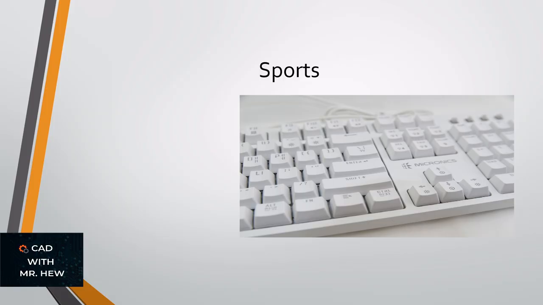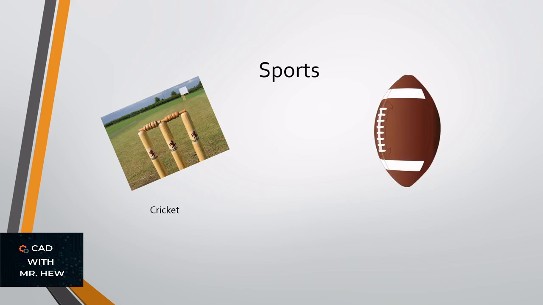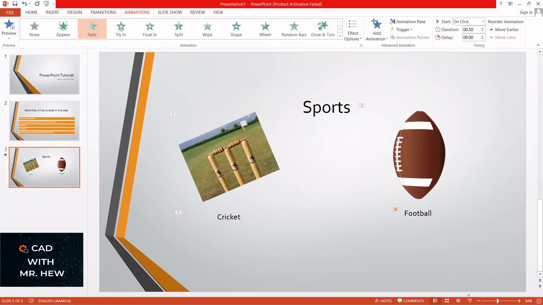So what now? I'm gonna press the enter key, right? You have the cricket, the word cricket, then we have the football, then we have the word football, right? Gonna press escape on the keyboard to come back to our original area that we were.